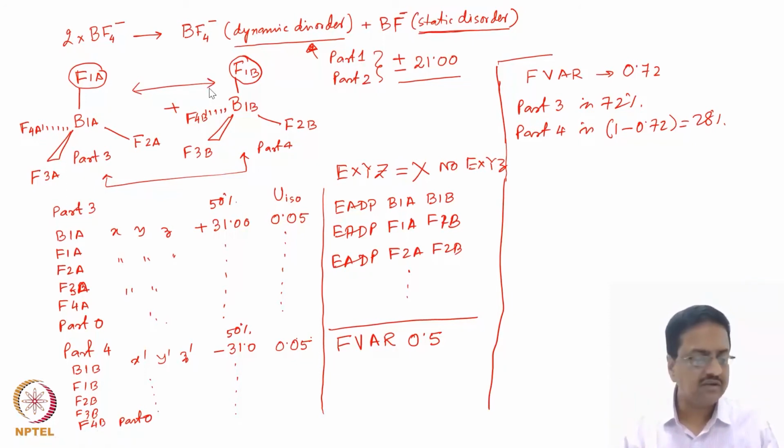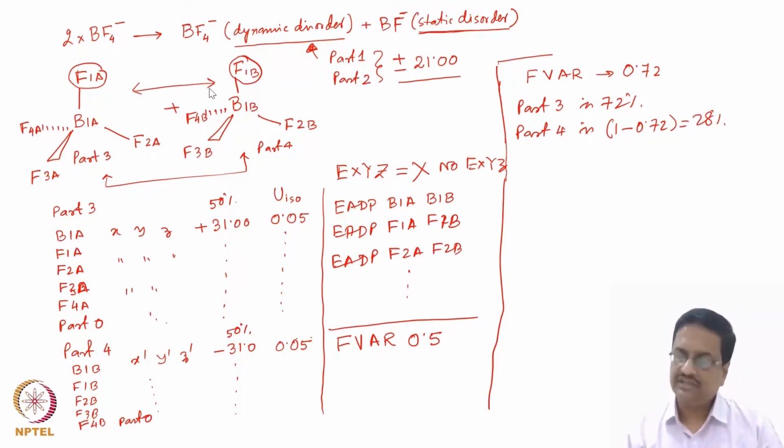So by doing this refinement, one can treat the dynamic disorder in case of BF4 minus, ClO4 minus, or as such in any other molecule which may be disordered at two different locations.